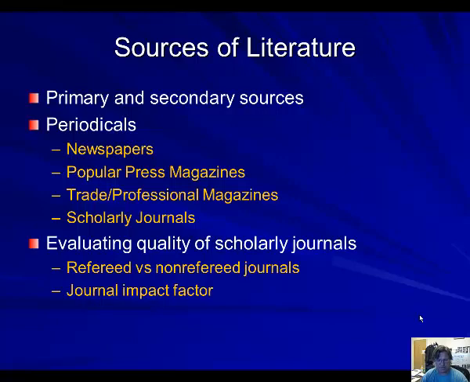We also need to take into account the quality of these scholarly journals. Not all journals are equal in quality, and we talk a lot about journal impact factor, which references the quality of the journal in terms of how robust it is and how hard it is to get published in.